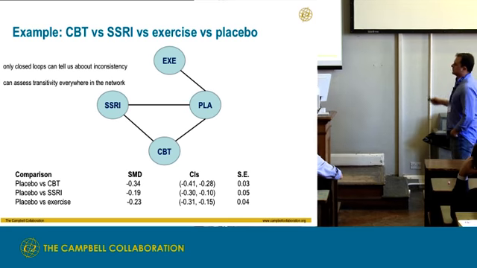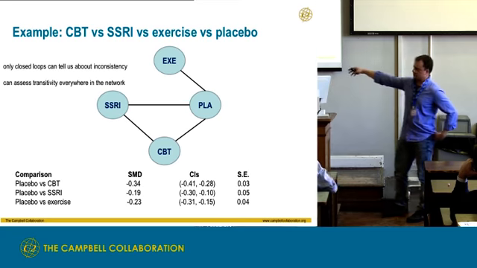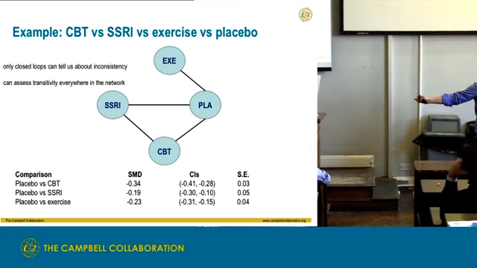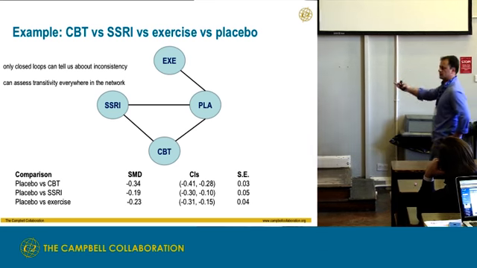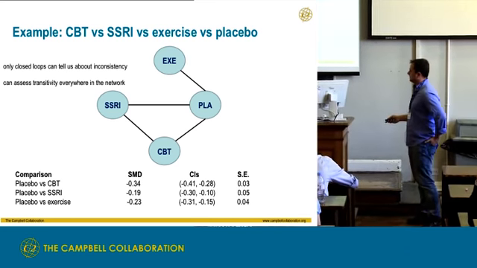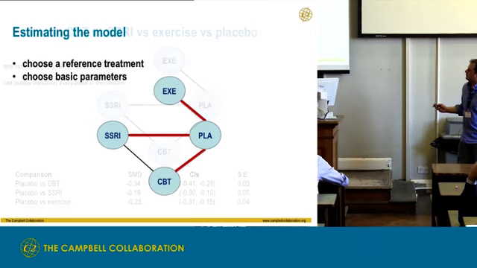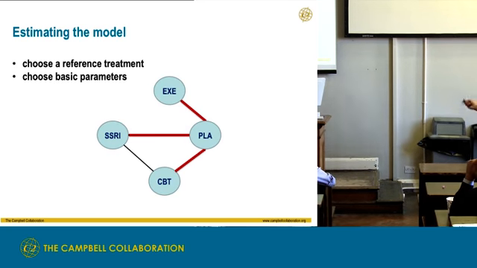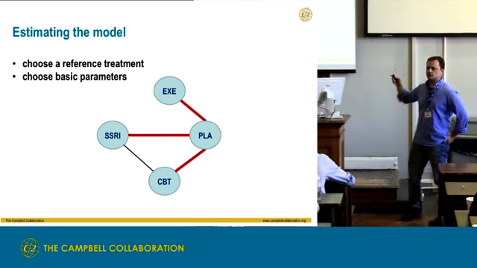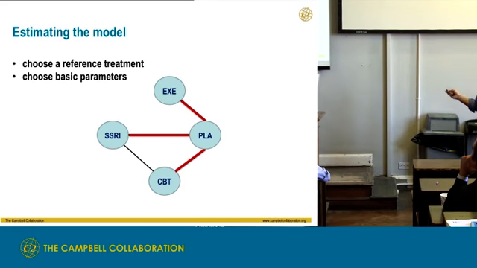And from network meta-analysis, I get results. It's like the example I showed you with the Daltons. I take placebo to be the reference treatment, and the results would be each intervention versus placebo. So estimating the model, I just choose a reference treatment, placebo. I choose some basic parameters, the difference of the rest of interventions compared to placebo.